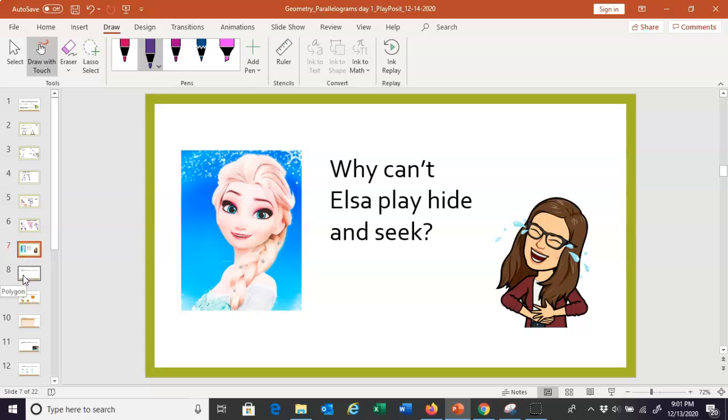Before we do that, I do have a quick joke for you. Part of me is doing it in Play Pause It because I know you're going to roll your eyes at me, because I know some of you don't prefer my jokes. Why can't Elsa play hide and seek? Why can't Elsa from Frozen 2 play hide and seek? And the answer is because she'll show herself. Oh my God.